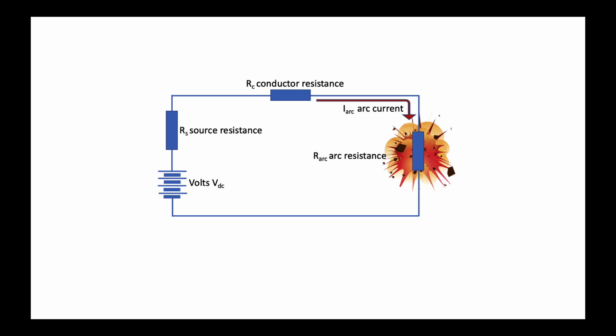The calculations find values for the two unknowns, the resistance in the arc, Rarc, and the arcing current, IDC arc, which involves a process of iteration. This is all explained in the instructions.